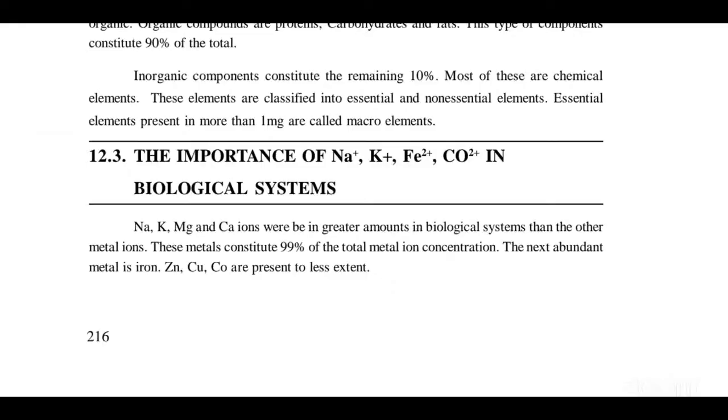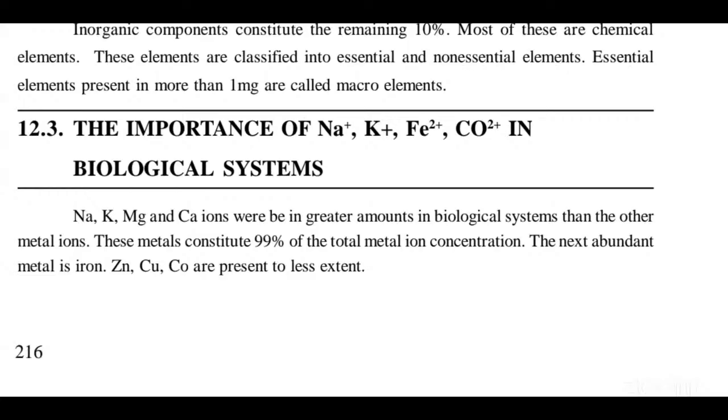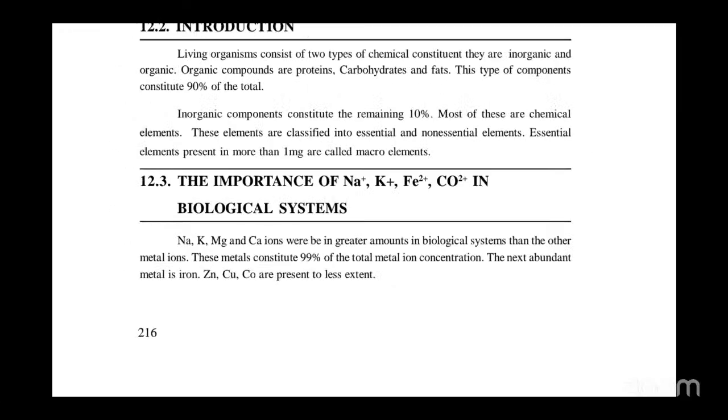Sodium, potassium, magnesium, and calcium have great biological importance in the metabolic systems, constituting 99% of the total metal ion concentration in the biological system. Zinc, copper, and cobalt are the next abundant metals in the biological systems.